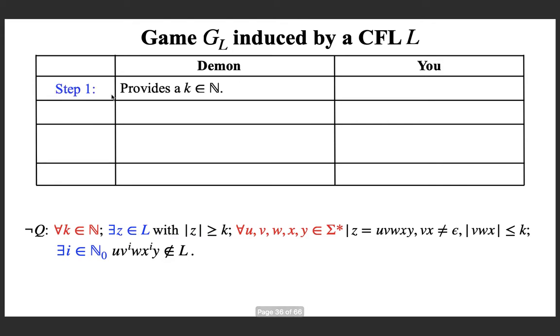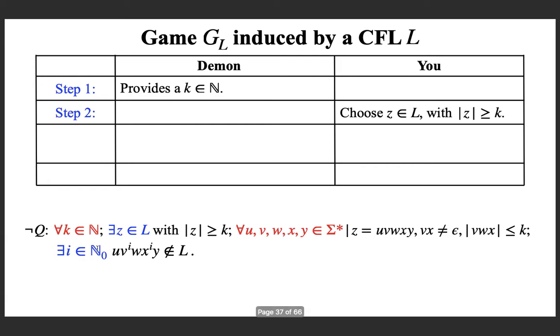To start with, step 1, it is for all, so it must be the demon to decide the value of k, because in the actual proof you have to do it for all possible values of k, which is difficult. So you assume that the demon will give you the right value of k if one exists.